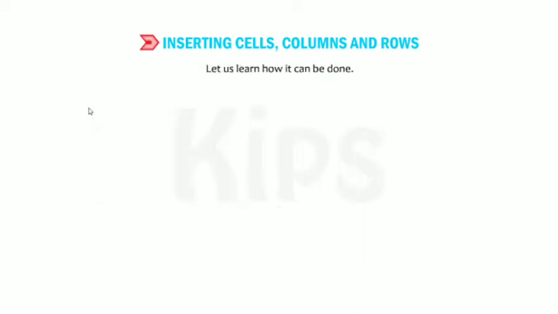Let us learn how we can do it. So let's take a look at this video. Inserting blank cells. First of all, we will learn how to insert blank cells in our worksheet.